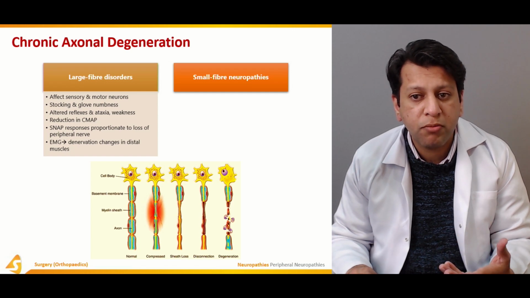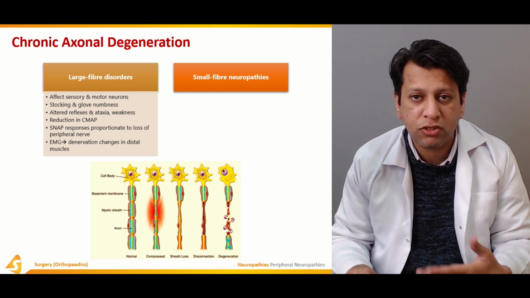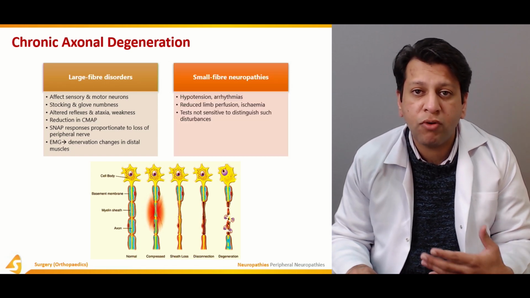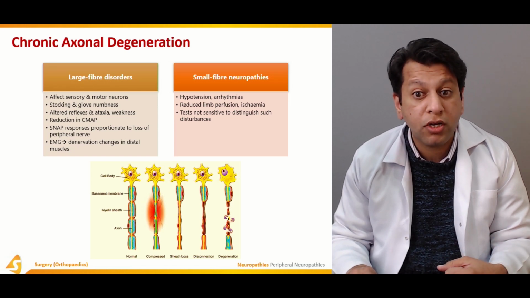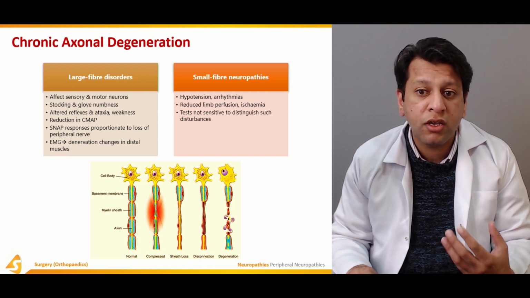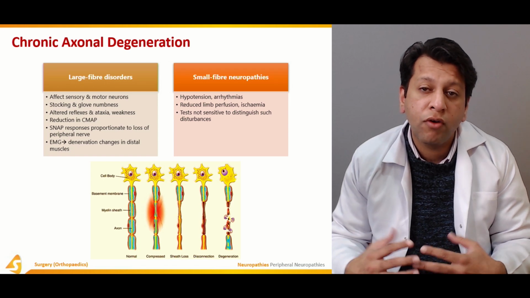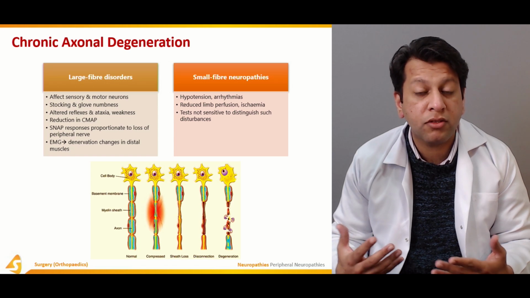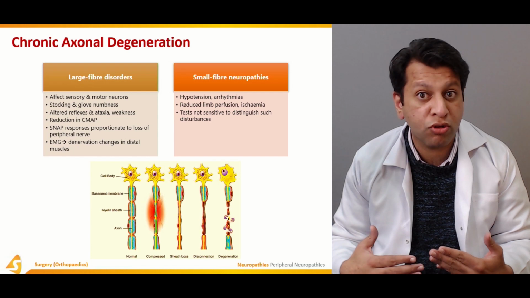If it's a small fiber neuropathy, those involving C-type or B-type fibers, which are slow conducting, this usually means fibers mainly involved in autonomic reflexes. So this results in hypotension, arrhythmias, reduced limb perfusion, ischemia, and usually tests are not sensitive to distinguish such disturbances. For example, a patient who is diabetic may have peripheral neuropathy with autonomic neuropathy as well.